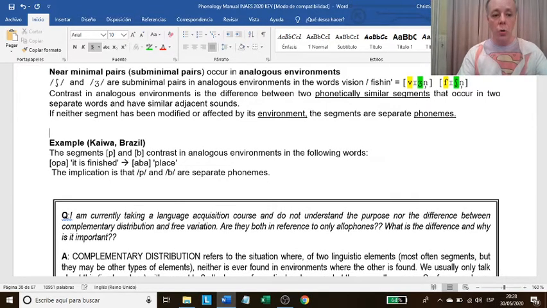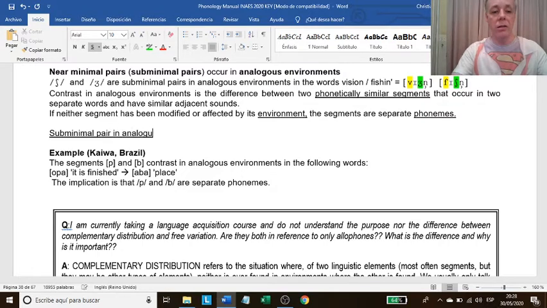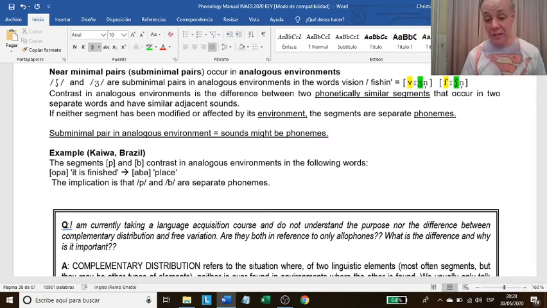So, conclusion then, whenever I find a sub-minimal pair in analogous environment, my conclusion will be that the sounds might be phonemes. The sounds that I am studying might be phonemes.